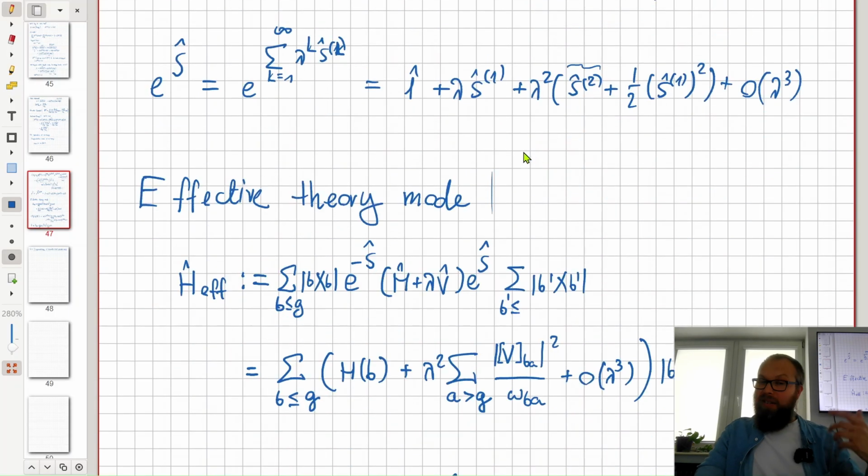There was an effective theory mode, where you use this transformation to construct a new effective theory. You take a big theory and make it smaller, for a smaller dimensional system.